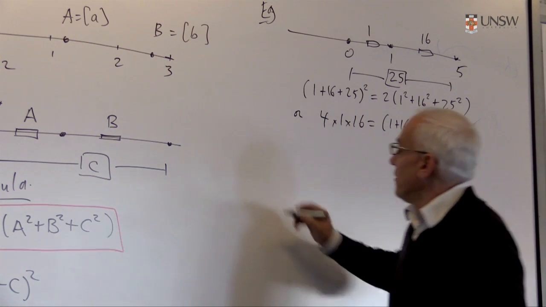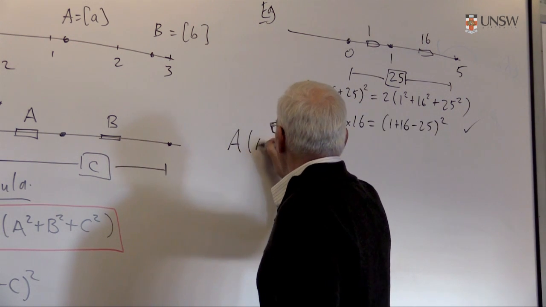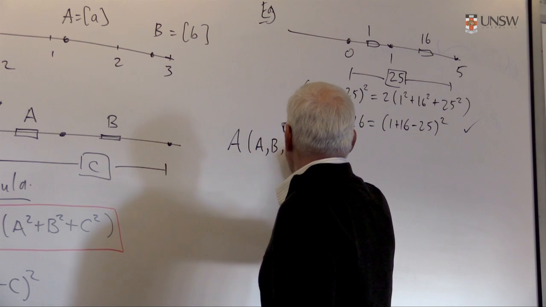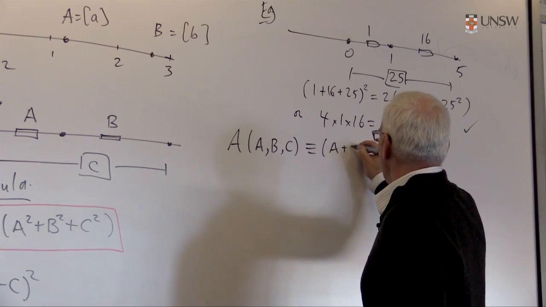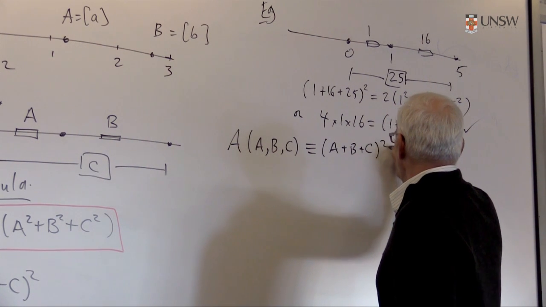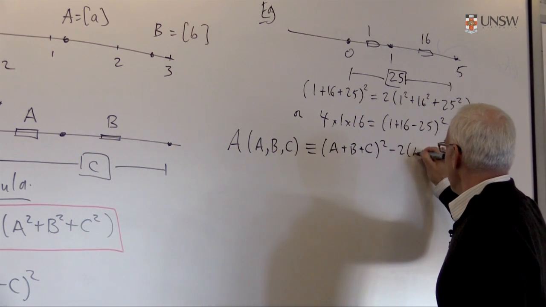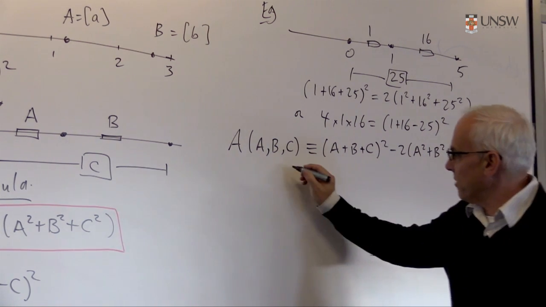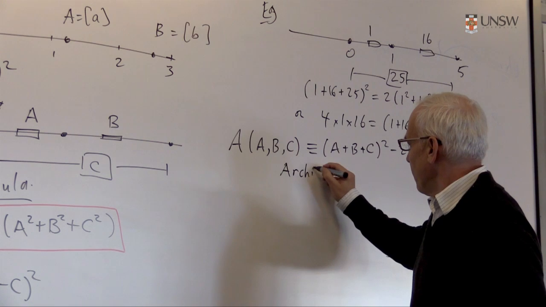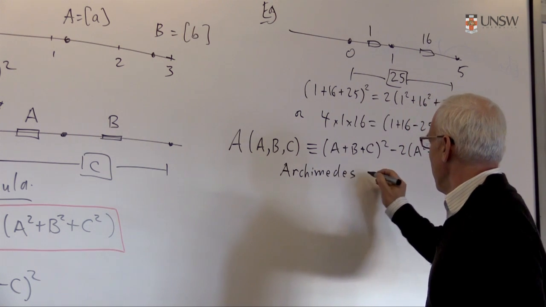Okay, I'm going to introduce a function here. So let's introduce this script A function defined by just the difference between the left and the right-hand sides: (a + b + c) squared minus 2(a squared + b squared + c squared). I'm going to call this Archimedes function for reasons which will become clear a little bit later.